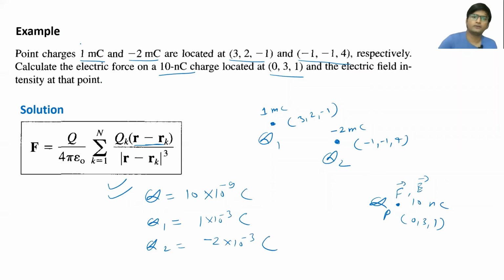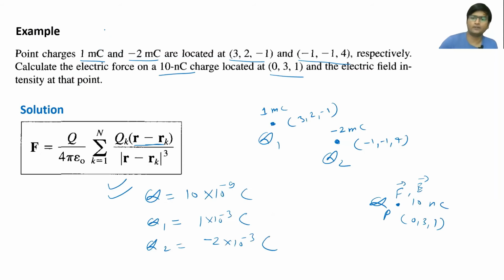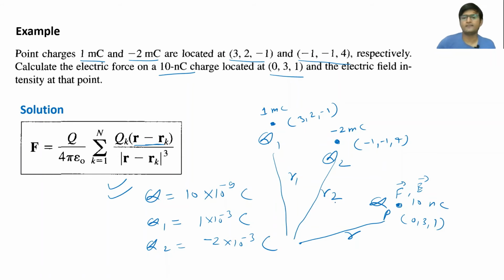So moving to the next slide, we have the first point, which is given as R. R is the position of this particular charge Q, from a reference point. This is given as R, this is given as R1, and this is given as R2 from any reference point. So the R vector is given as 0, 3, 1.